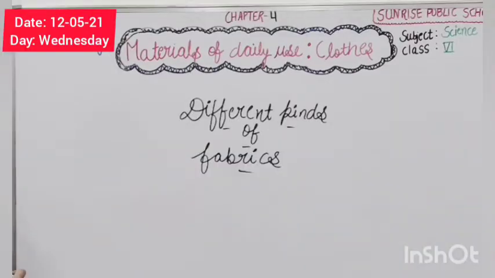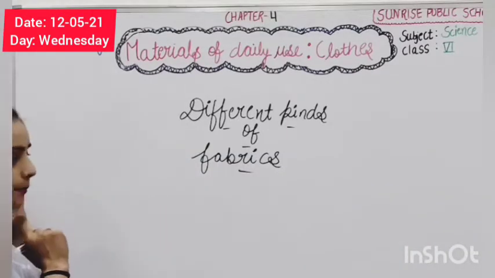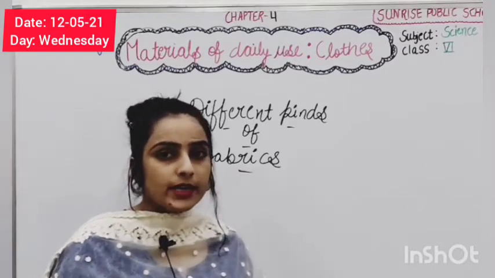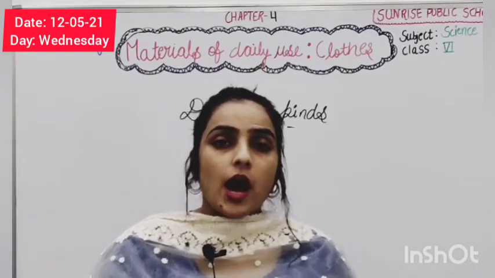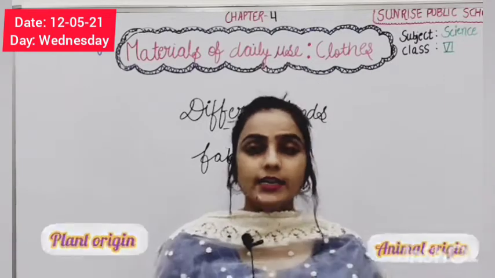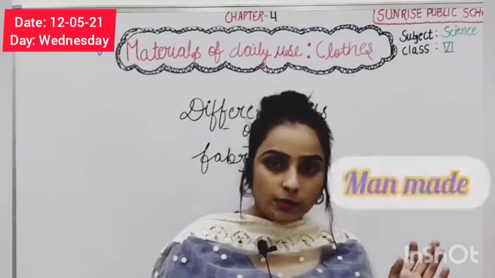Now let's discuss the different kinds of fabrics. Nowadays, different kinds of fabrics are present. Some are of animal origin, some are of plant origin, and some fabrics are man-made.